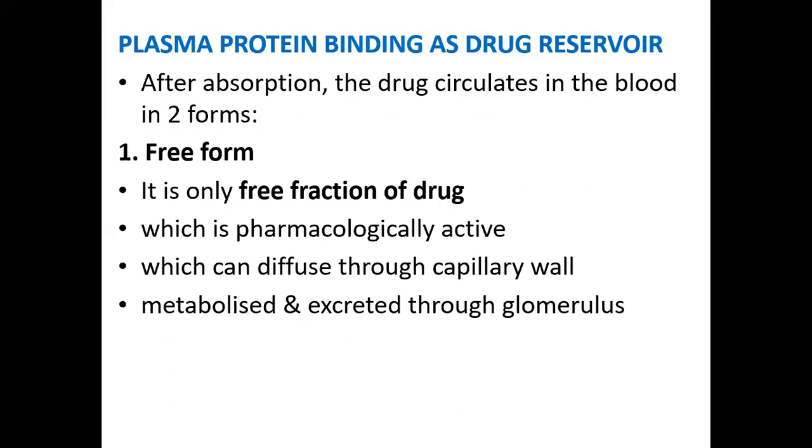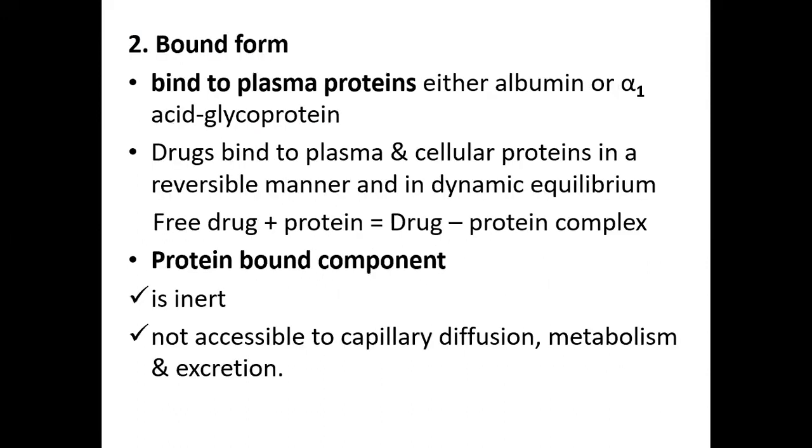Now let's see what plasma protein binding is and its clinical significance. After the drug gets absorbed, the drug circulates in the systemic circulation in two forms, either in the free form or the bound form.